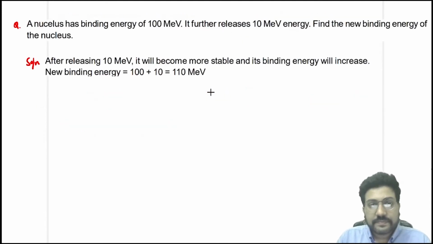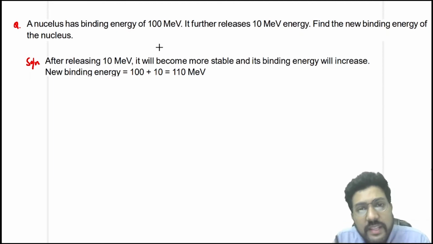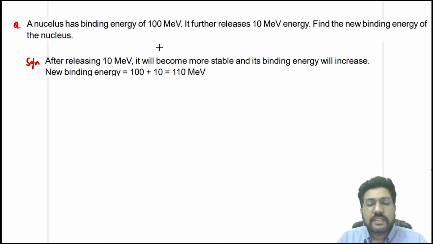Now, a nucleus has a binding energy of 100 mega electron volt. Now due to some process, it further releases 10 mega electron volt of energy. So if it has a binding energy of 100 mega electron volt, that means what?